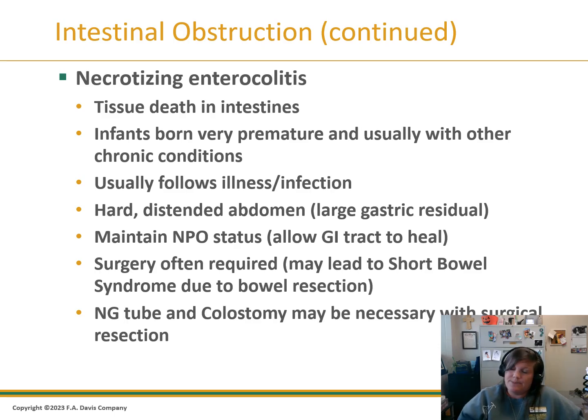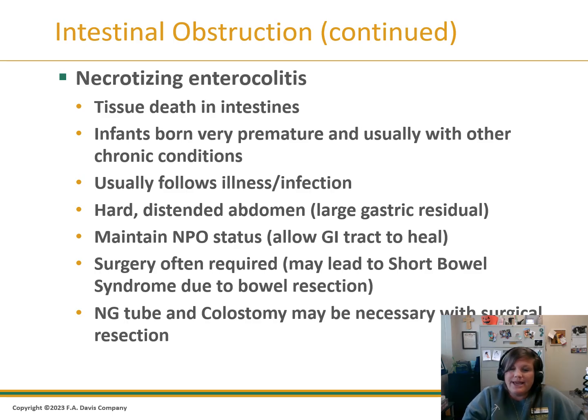They also typically need surgery because they have to remove the portion of the intestines where the death has occurred, and it can't be reversed. So there needs to be a resection of some of that intestine, and usually what these babies are diagnosed with after the fact is what they call short bowel syndrome, because now they don't have as much bowel as they did before, since we had to remove some of it due to the tissue death.